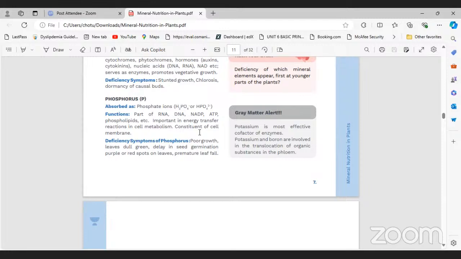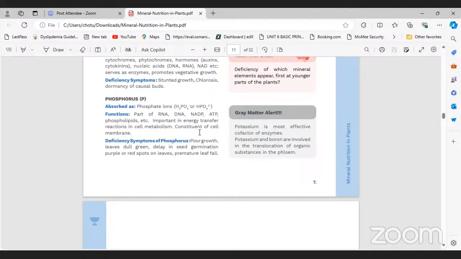The highest amount of phosphorus is found in meristematic parts, maturing seeds, and fruits. Phosphorus is actively involved in the synthesis of nucleoprotein, firstly by being present in the nucleic acid, and secondly by activating the amino acid for protein synthesis.